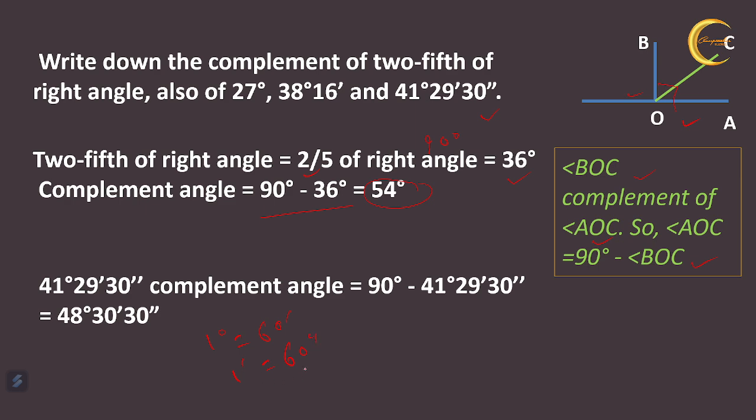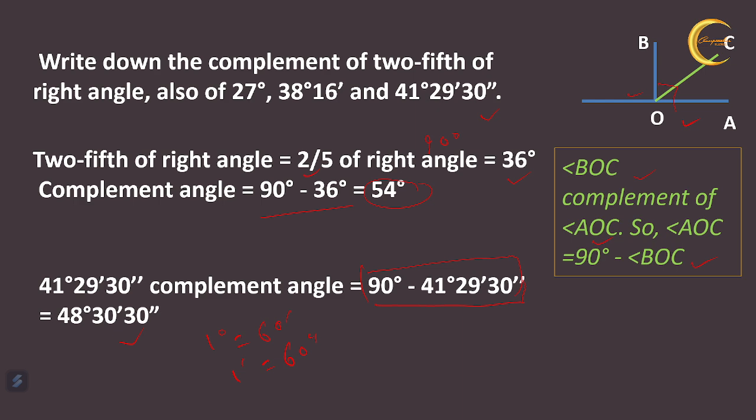This is the only thing we need to know. Now it is very simple to subtract this from 90 degrees, and we will get the answer 48 degrees 30 minutes 30 seconds.